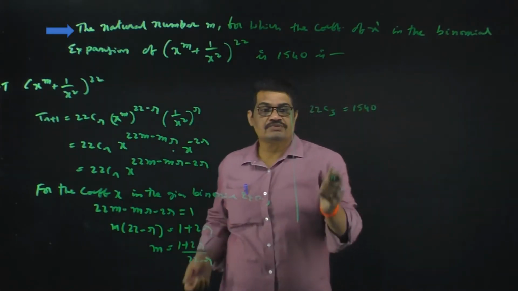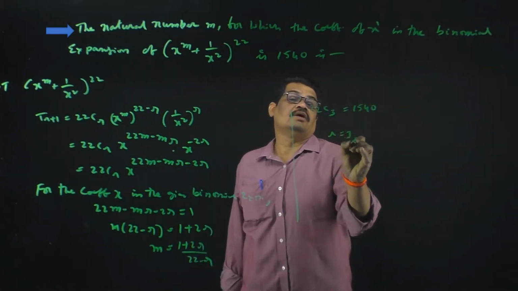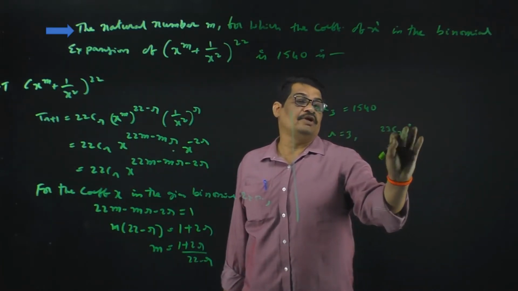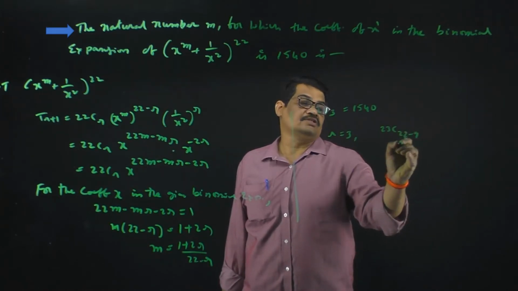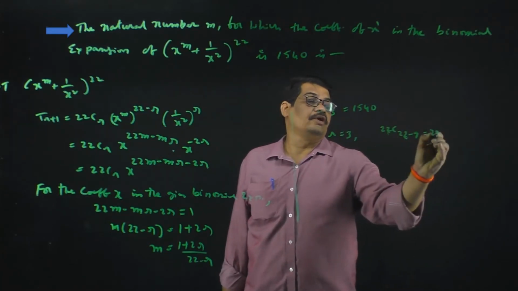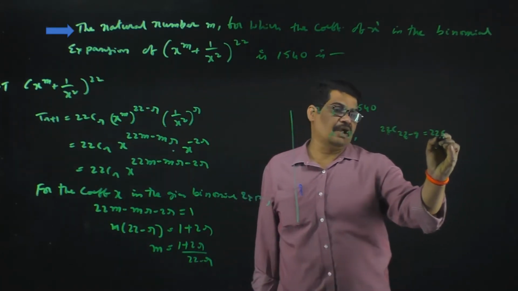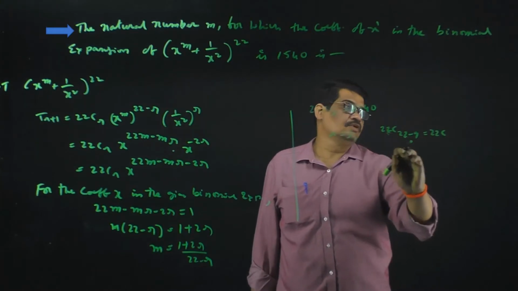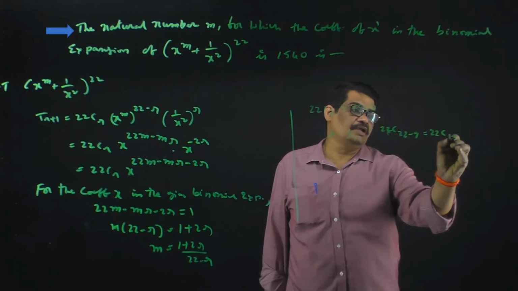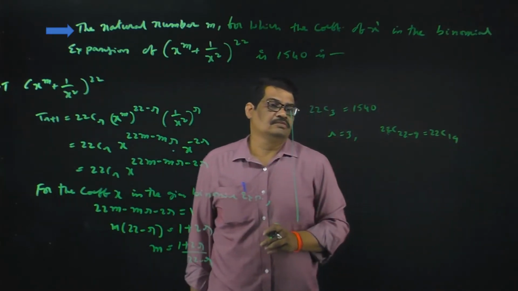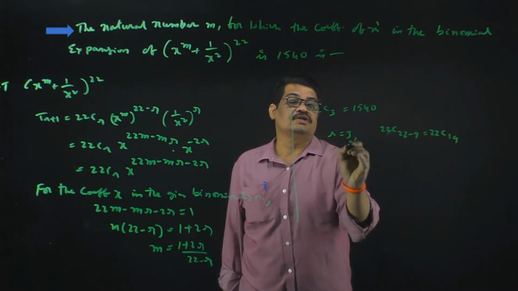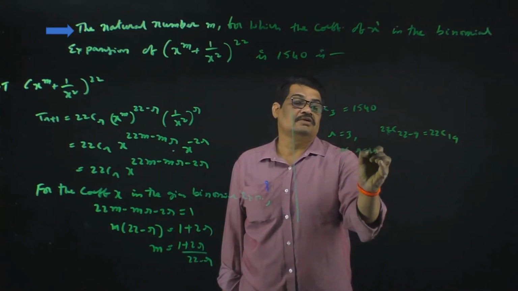So r is 3, or r is 22 minus 3, that is 22C19, so r is 19.